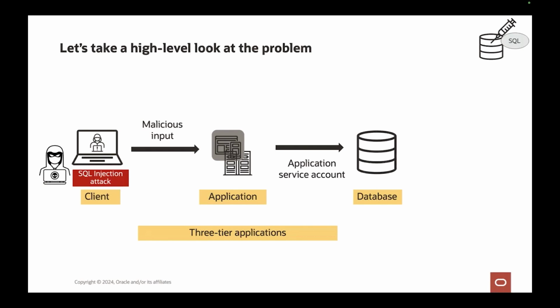And this service account is usually privileged because it has to run any of the queries that is given from the client, right? So it has access to the application schema, it has the access to run the procedures, and it has access to all the underlying objects and metadata for any of the queries that is to be done.